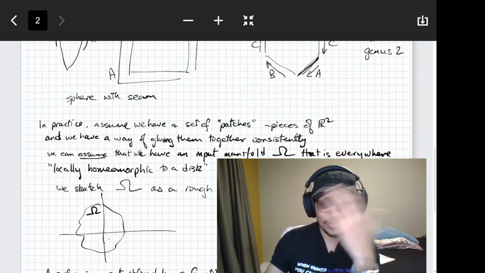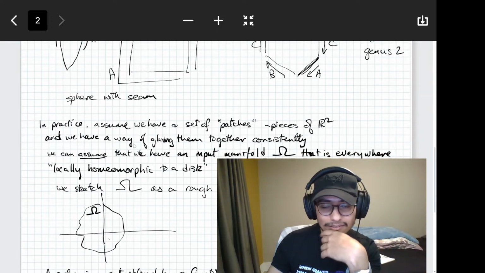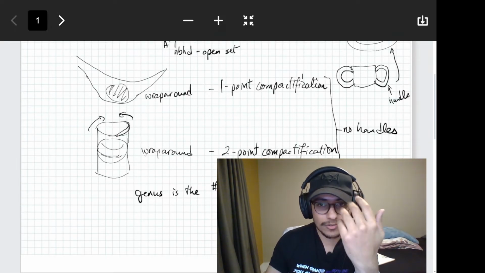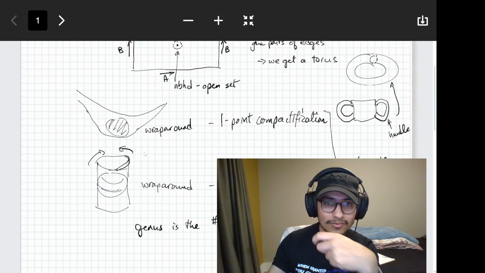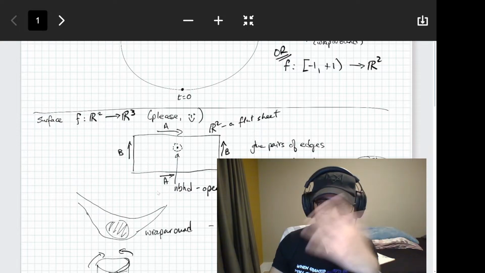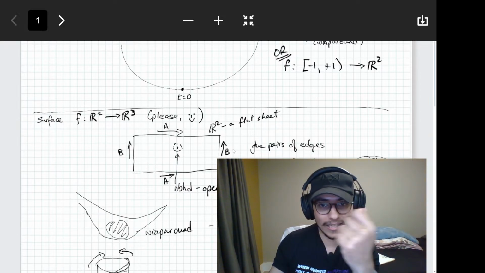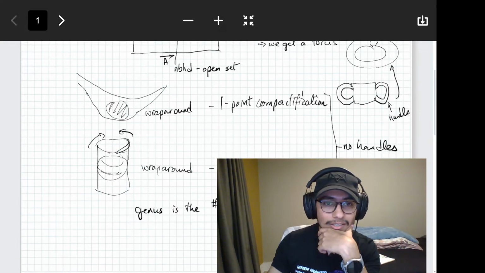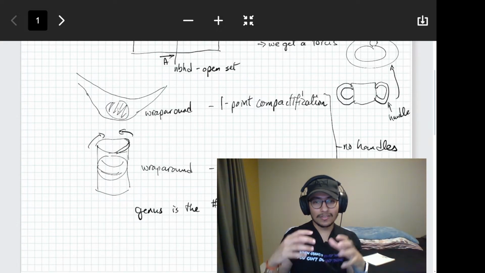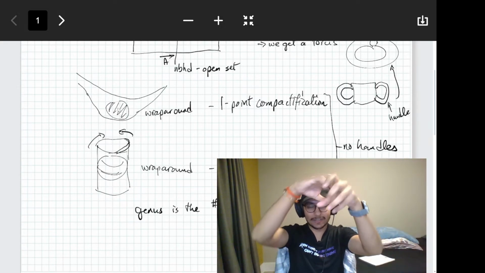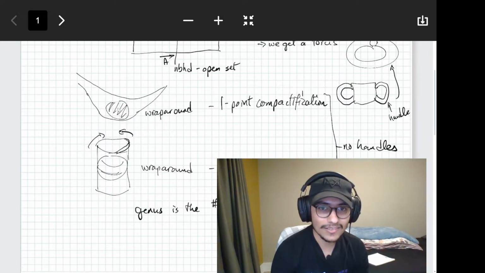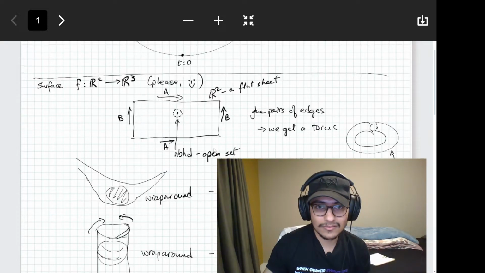So we have a bunch of patches and a way of gluing them together. We just saw how we can glue in different ways: if you glue it along AA and BB, we can get a donut or a tire tube. If you take a ball on a rubber sheet and tie it on the top, like a knot, then we get a 1-point compactification.